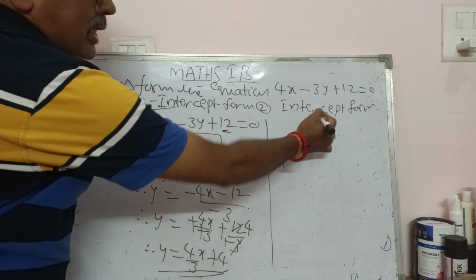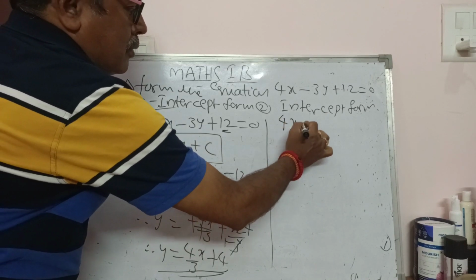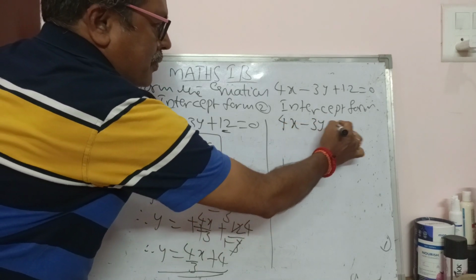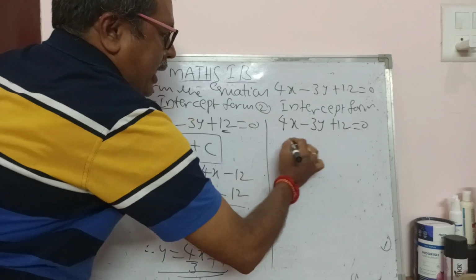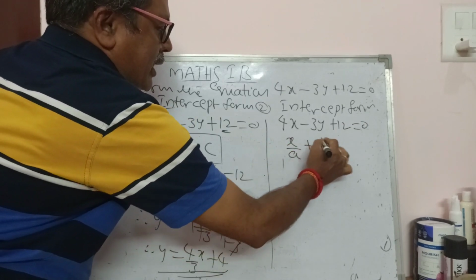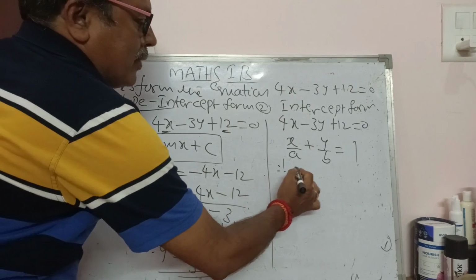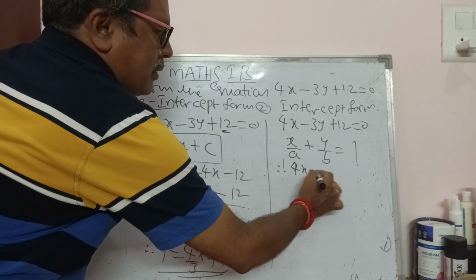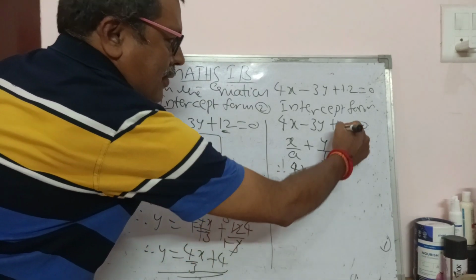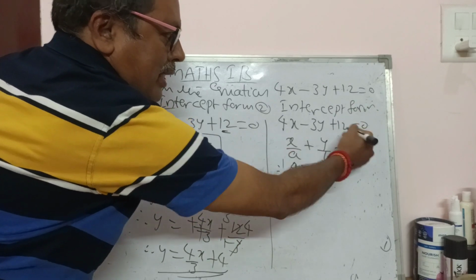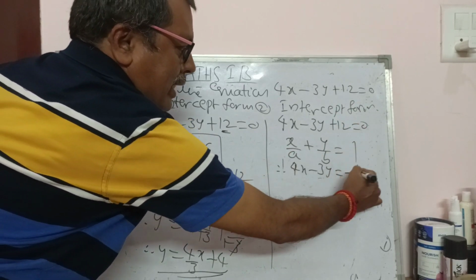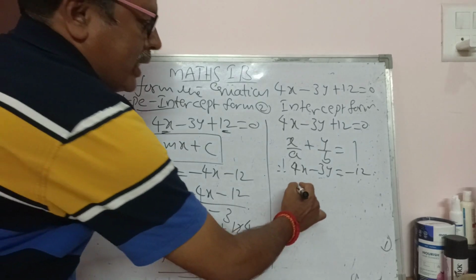Next one is intercept form. To bring the given equation into intercept form, we have to write the given equation in the standard form of x by a plus y by b is equal to 1. Therefore, 4x minus 3y is equal to, I am going to transfer this quantity 12 to the right side, thereby it becomes minus 12.